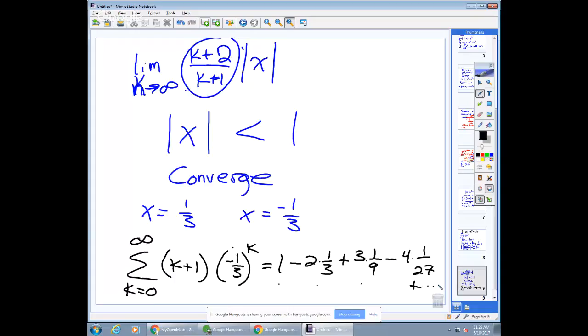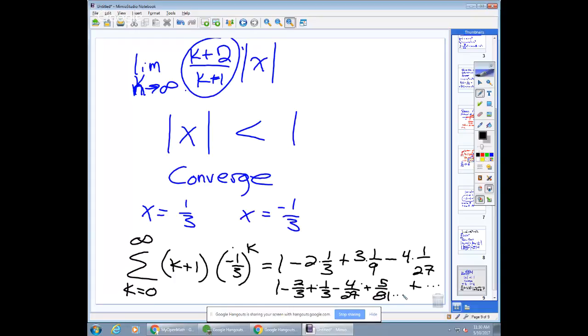Do we believe that's going to converge? Let's see, that would be a 1 minus 2/3 plus 1/3 minus 4/27. What would be next? Plus 5 over 81. And it's just going to keep going like that.